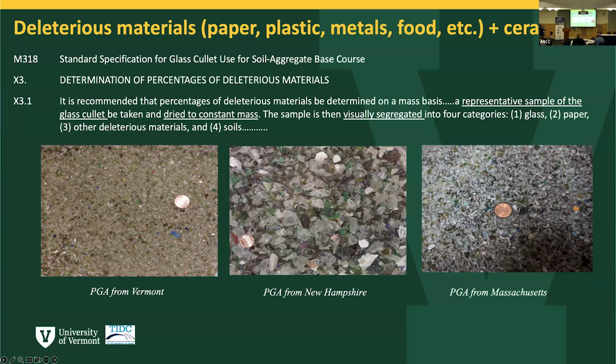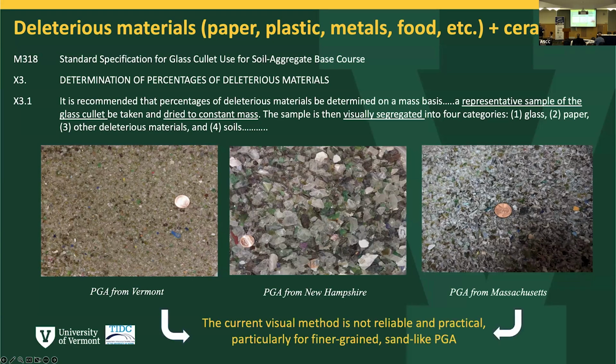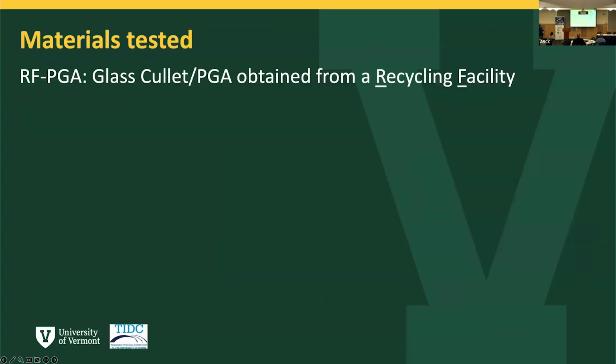Plastic is a little bit easy because it has color usually. So in general, the current visual method that's also mentioned in AASHTO specifications is not reliable and practical, particularly for finer grained PGA. But that's the only method that's available. So our goal was to come up with a different method that works better.